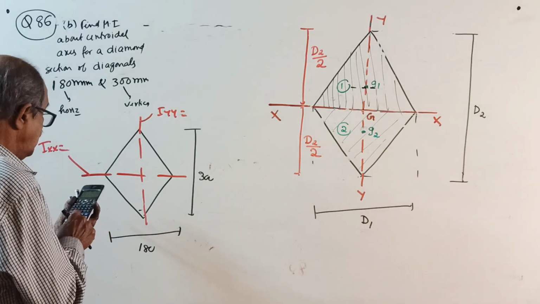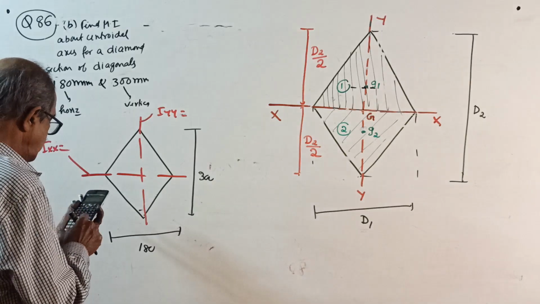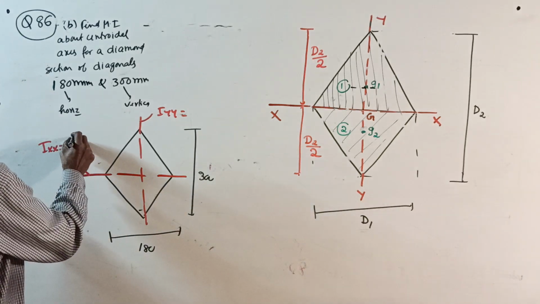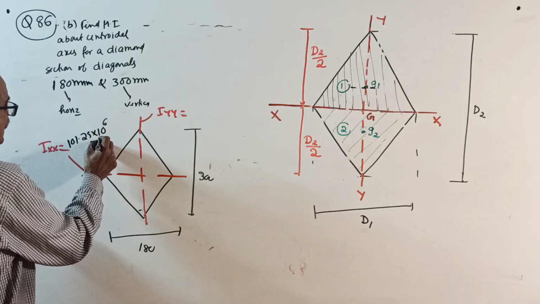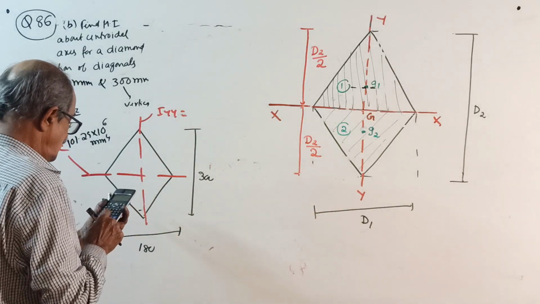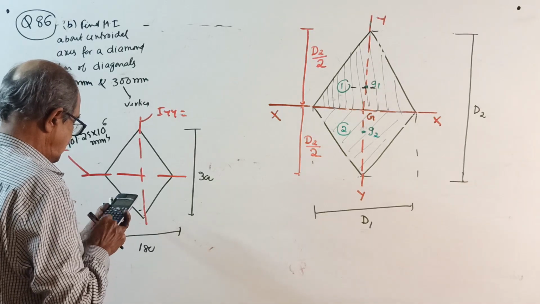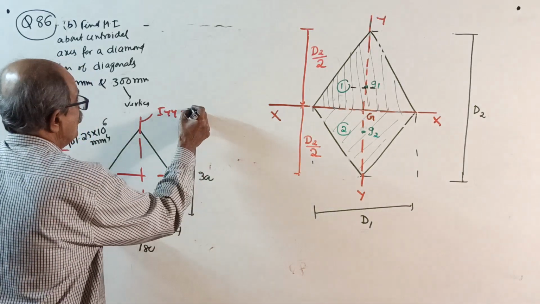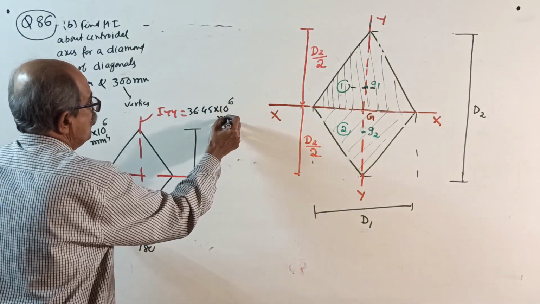Ix is 180 into 300 cube divided by 48, which is 101.25 times 10 to the power 6 millimeter power 4. But you should solve systematically. Iyy is 300 into 180 power 3 divided by 48, which is 36.45 times 10 to the power 6 millimeter power 4.